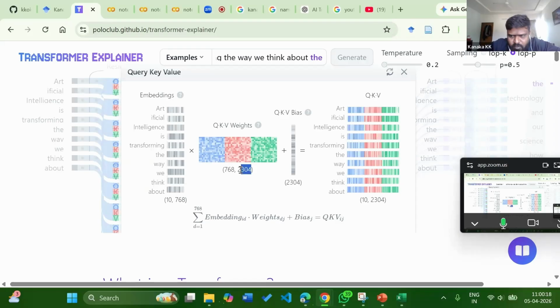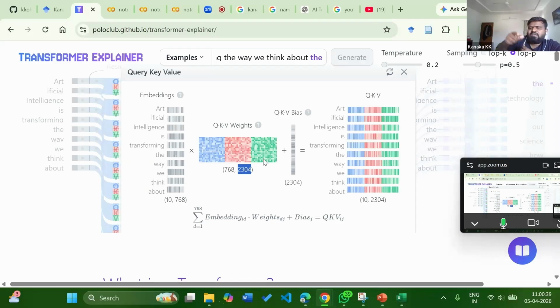How this 2304, please listen carefully. Yes, very good, after concatenating. How this 2304 came is, see, the number of columns of the Q matrix is 768, and the number of columns of the K matrix is 768. Likewise, for the V matrix, the number of columns is 768.